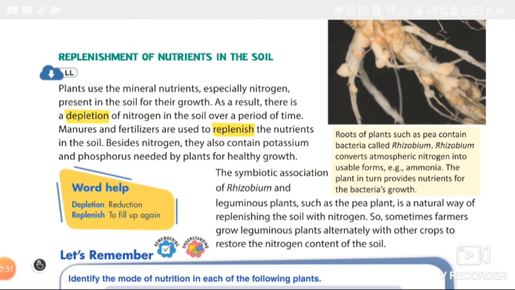Plants that live in association with other organisms where both types mutually gain from each other are called symbiotic plants. That we studied, right?